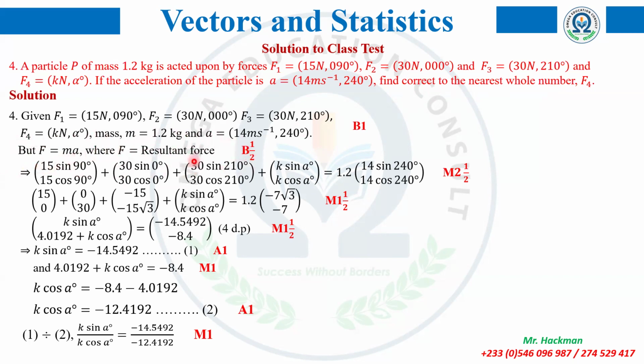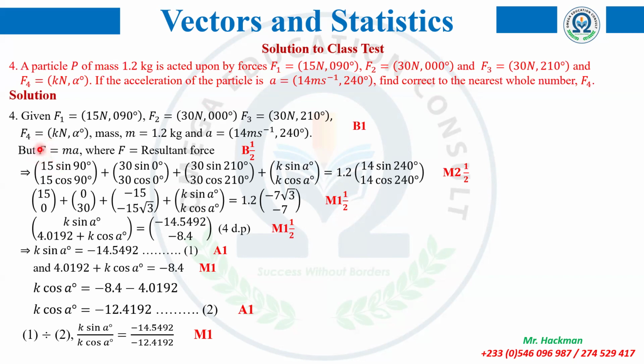So here you should know that by Newton's law of motion or force, if I should put it that way, you will get F equals ma. So force will be equal to mass times acceleration. The acceleration is given, the mass is given, but the force you were not given only one. For the force here is referring to the resultant force.